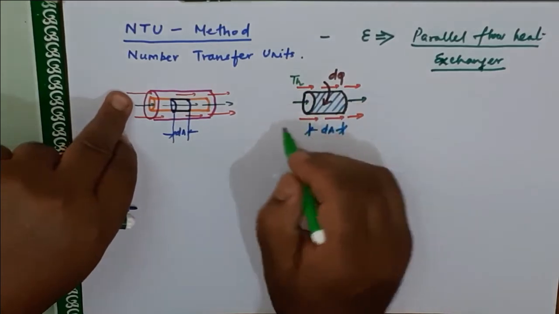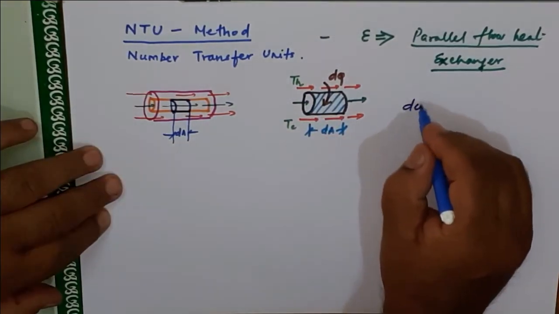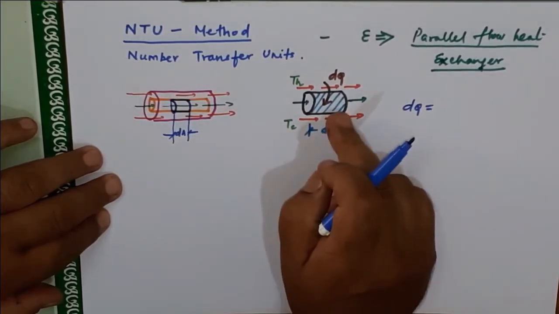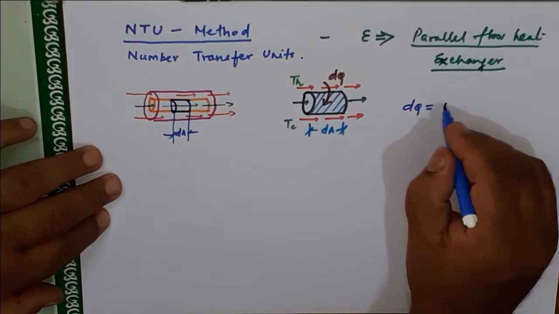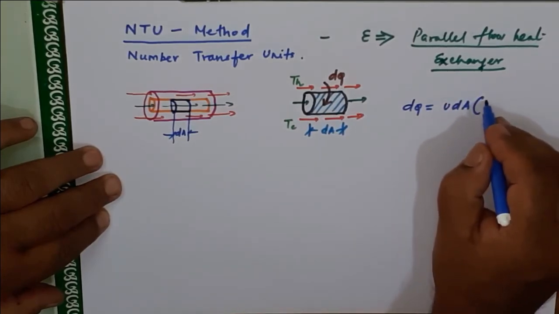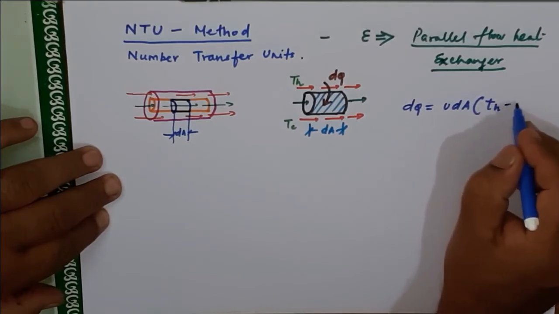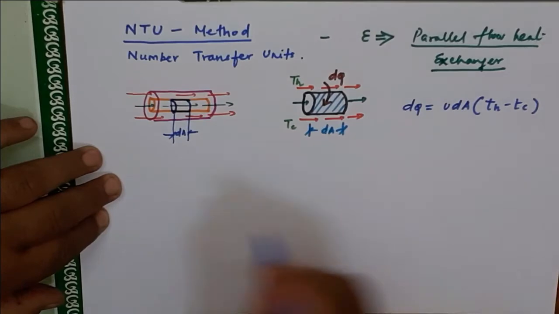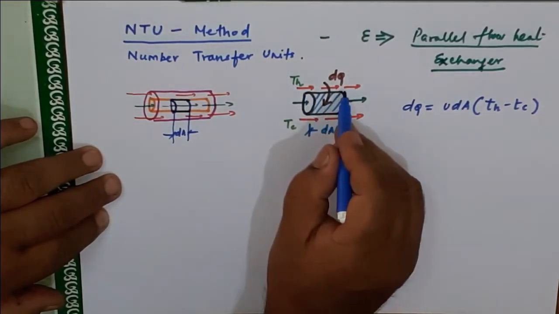TH, and this is TC. dQ is through the small elemental area. What is the heat exchanger equation? U A delta T. U into dA into delta T. Temperature difference, hot fluid temperature TH minus TC. Or this equation. Okay?